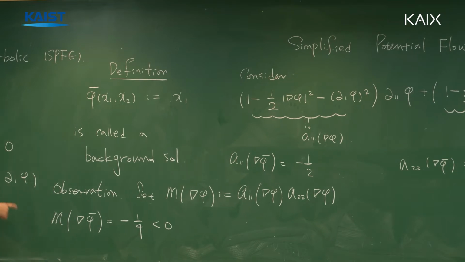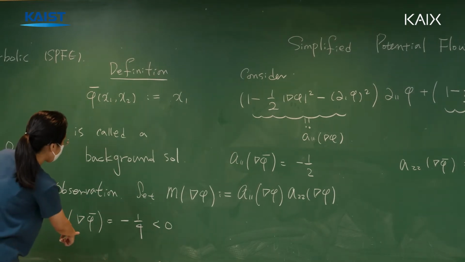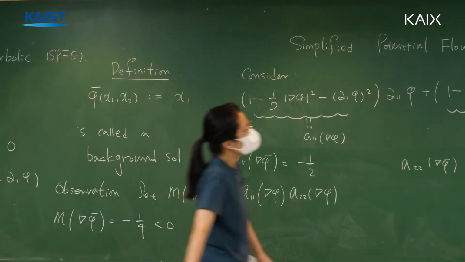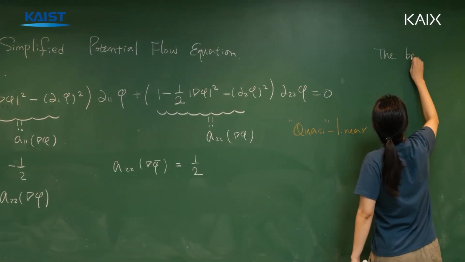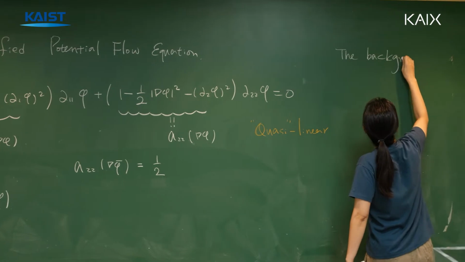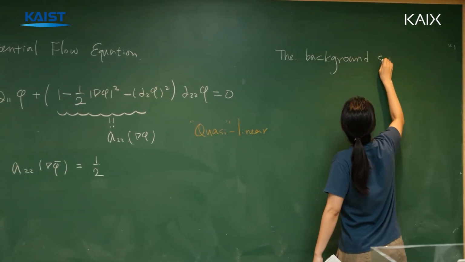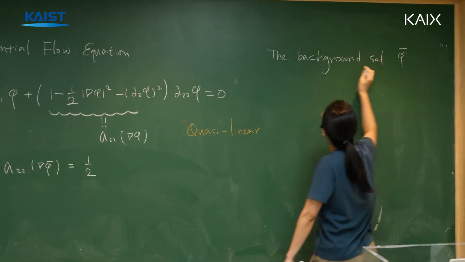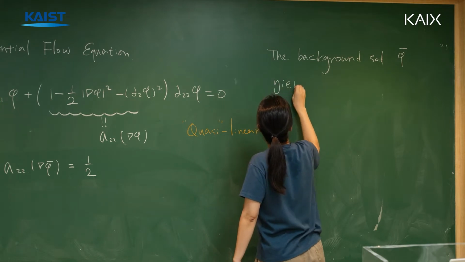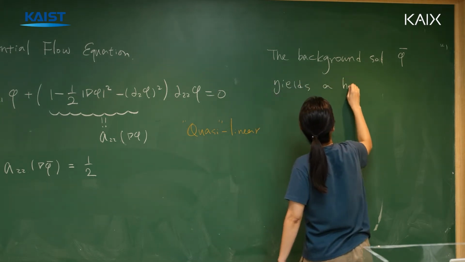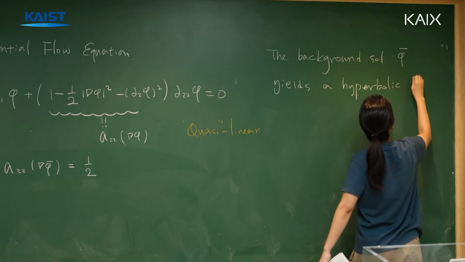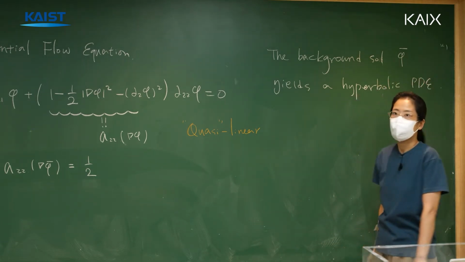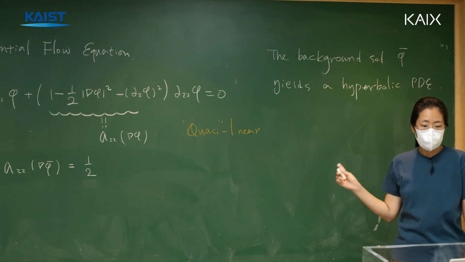Okay. So therefore, the background solution phi bar yields a hyperbolic PDE. But that's not what I want.